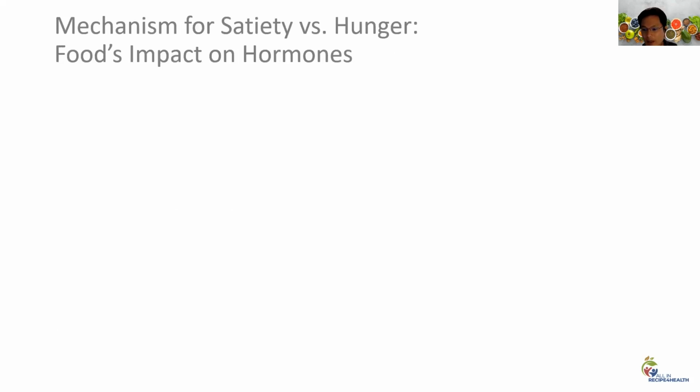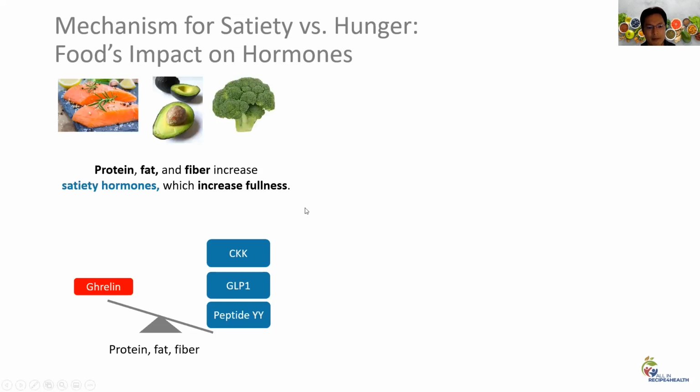This gets into the mechanism for those learners that want to understand mechanisms, and then just to understand, well, how does this work? This slide is just saying that protein-based foods, fat in the foods, again, foods have all these pieces, fiber, they increase satiety hormones. That's here. These are these satiety hormones that many of us learned in medical school.